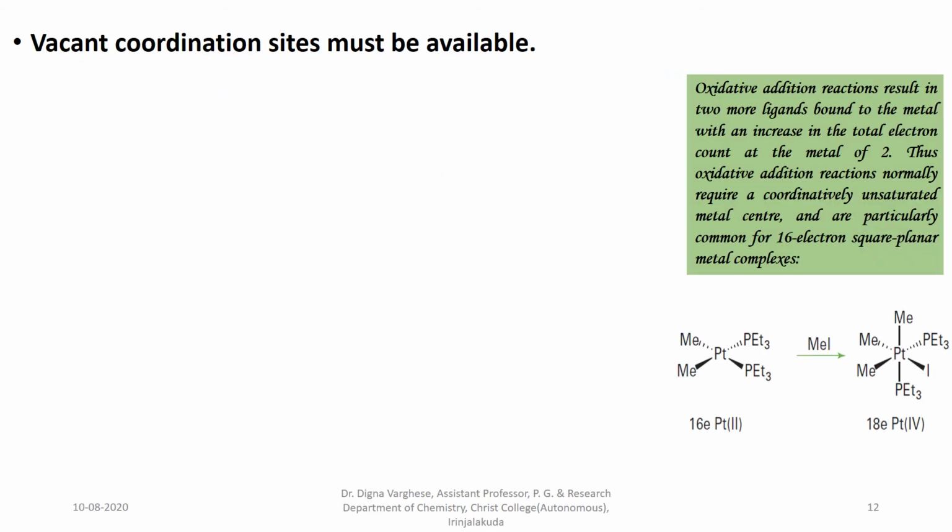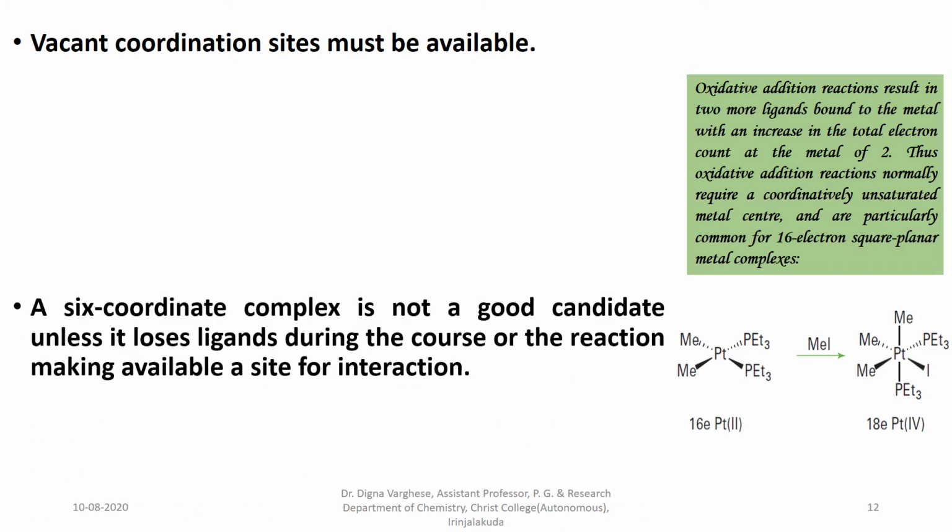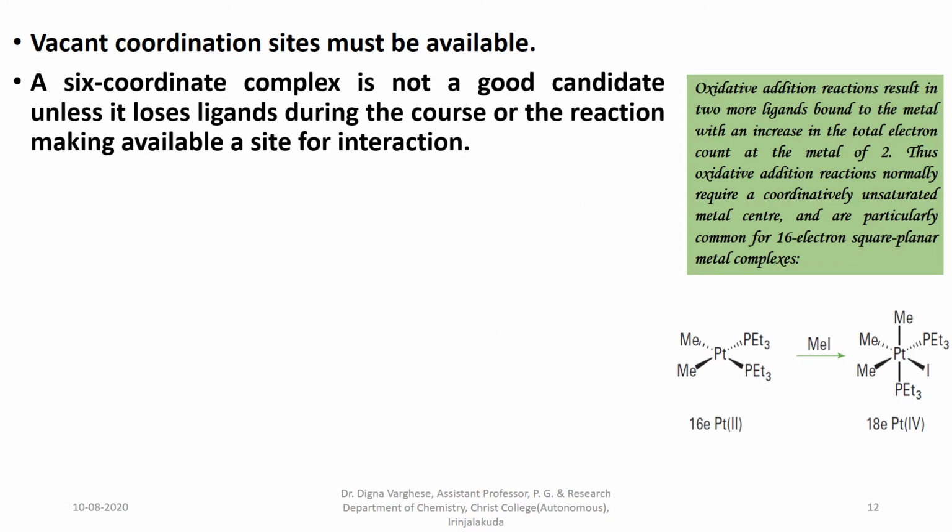A vacant coordination site must be available for oxidative addition reactions. A 6-coordinate complex is not a good candidate for oxidative addition reaction unless it loses ligands during the course of the reaction, making available a site for interaction. So there should be a coordinative unsaturation in a complex to perform oxidative addition reaction.